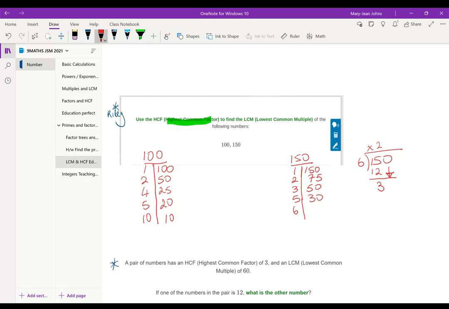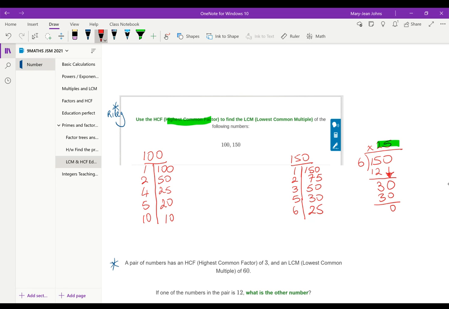Then I can bring down my 0. 6 goes into 30 5 times. So I can subtract that and have no remainder. So the number I'm looking for is 6 times 25.